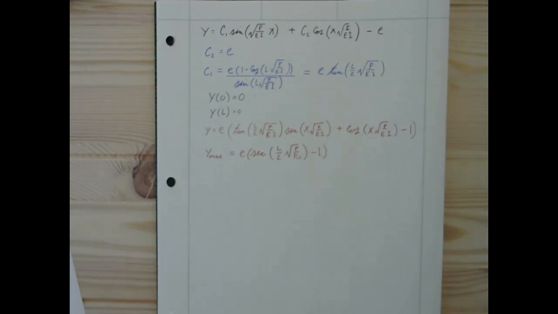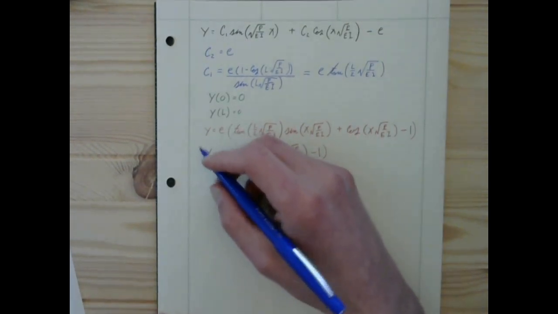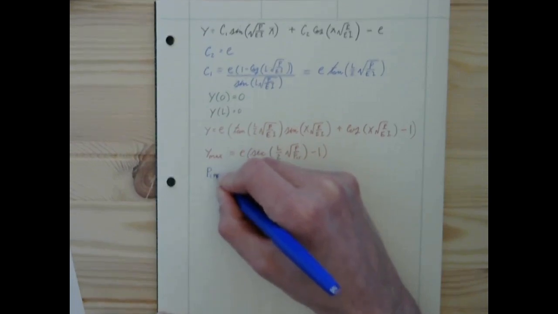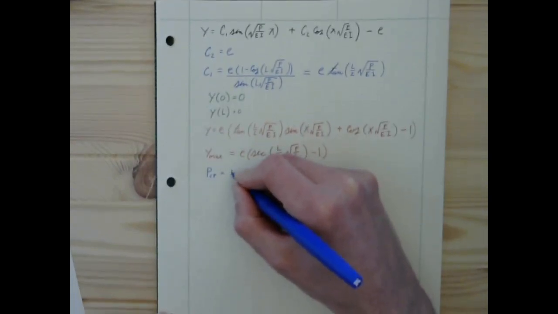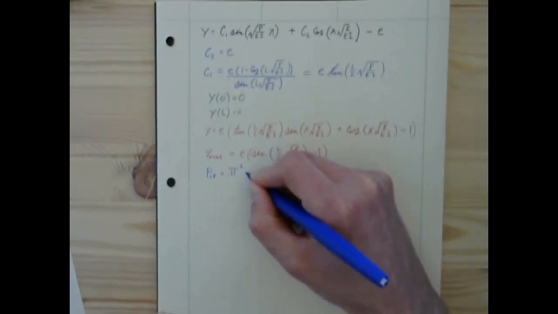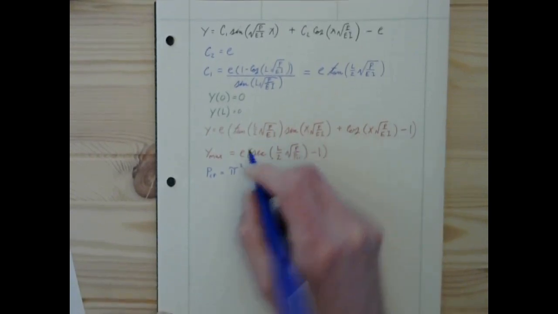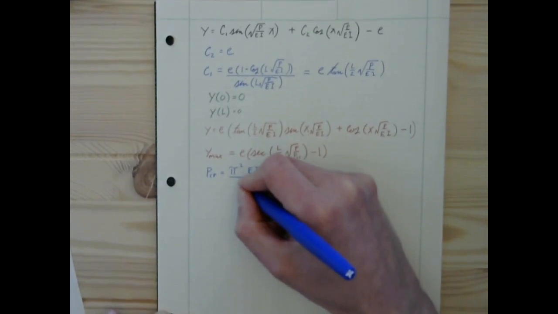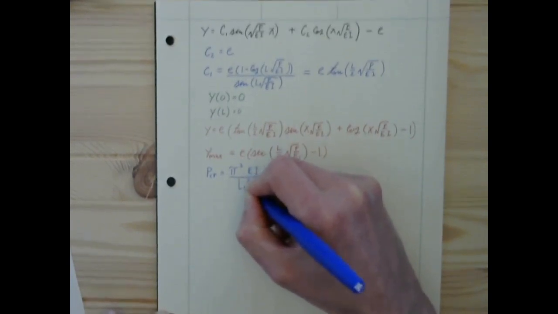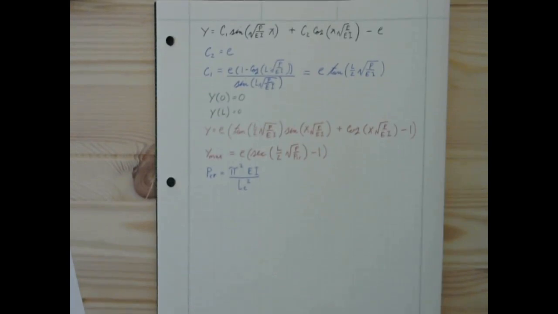Don't worry, things are going to be no more difficult than they already were, because the critical load is still going to be pi squared times the Young's modulus and the second moment of inertia divided by the effective length squared. Same as it was for the perfectly straight columns lacking any eccentricity. So this is the same as the Euler buckling load.